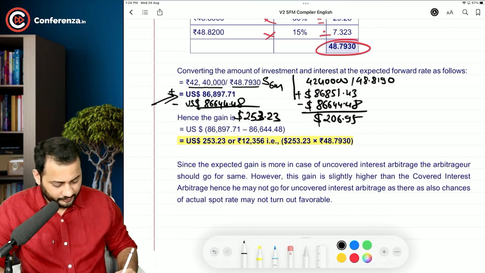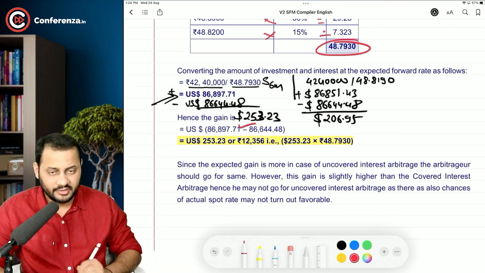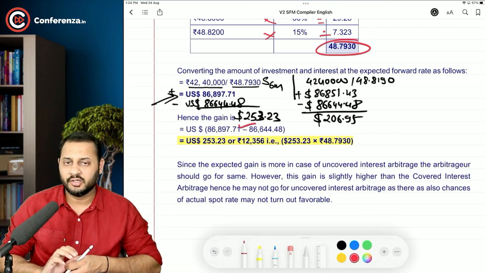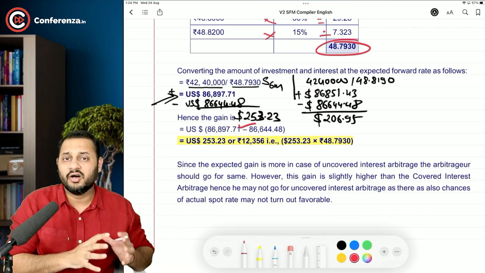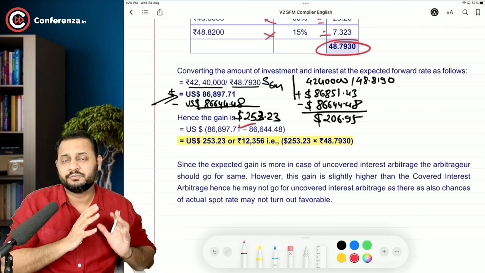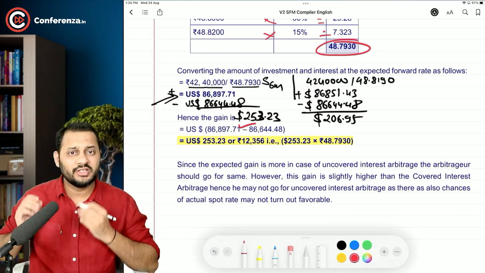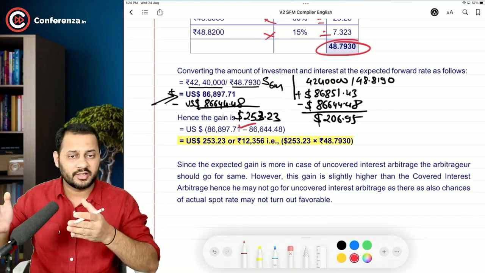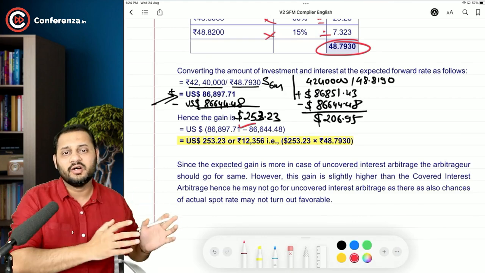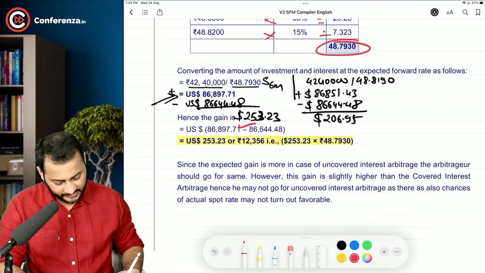Obviously, we would prefer the higher gain, 253.23. So it's better not to cover the foreign currency exposure. So better to go with the uncovered interest rate arbitrage than the covered interest rate arbitrage. Let me just write it down.